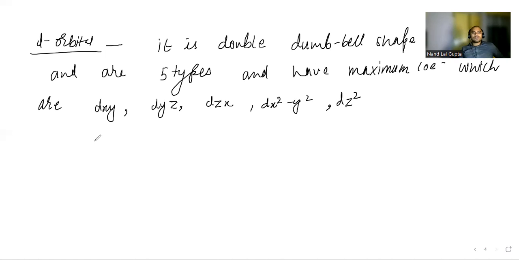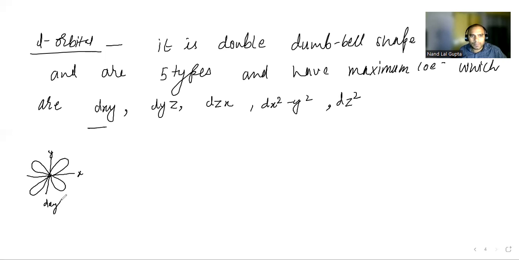Let us try to understand them one by one. If you talk about dxy, the orbital will be between x and y. Here is x, this is y. I am making the lobes here, one dumbbell and another dumbbell. This is the dxy. Now dyz: consider y and z.